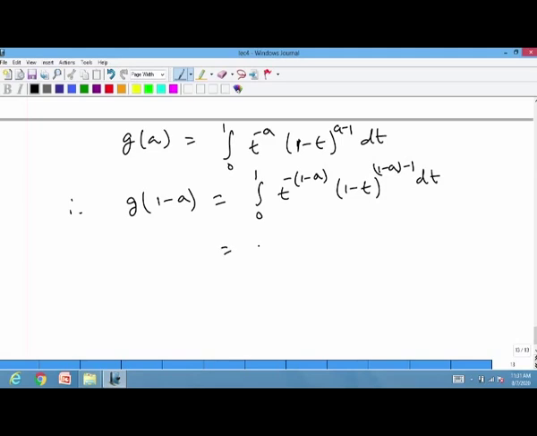So, this is equal to the integral from 0 to 1 of t to the power a minus 1 and (1 minus t) to the power minus a dt.